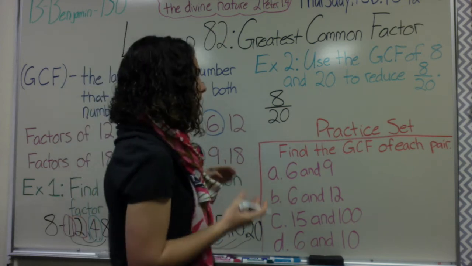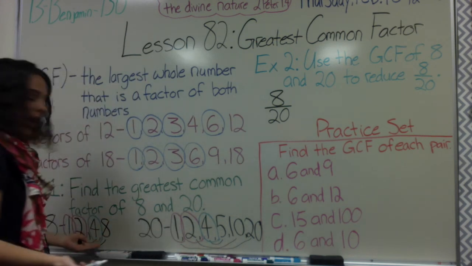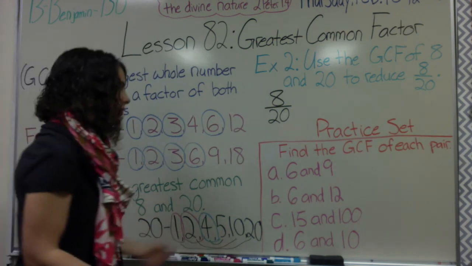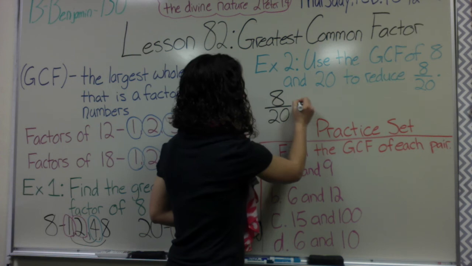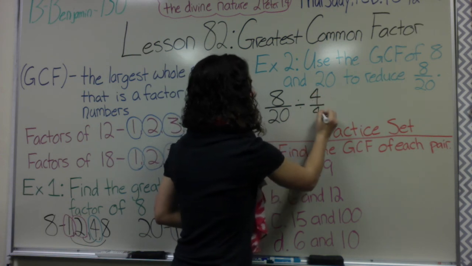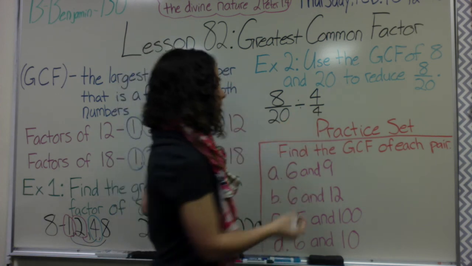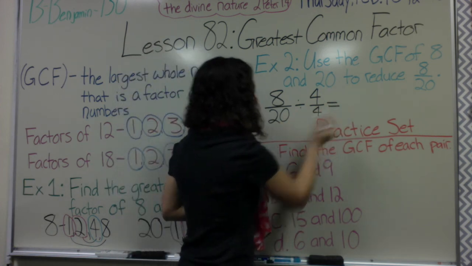So I'm going to divide by a form of 1, and that is going to look like 4 fourths. Dividing by 4 fourths, which uses the greatest common factor, still equals 1, because it's one whole fraction, same numerator, same denominator. I'm going to just divide straight across.